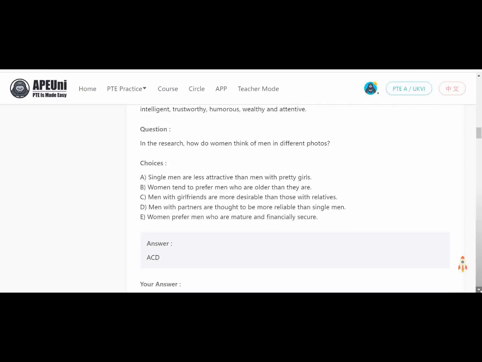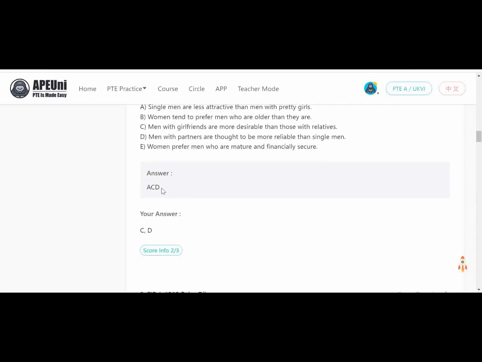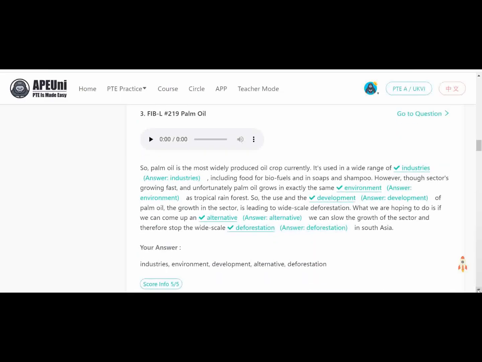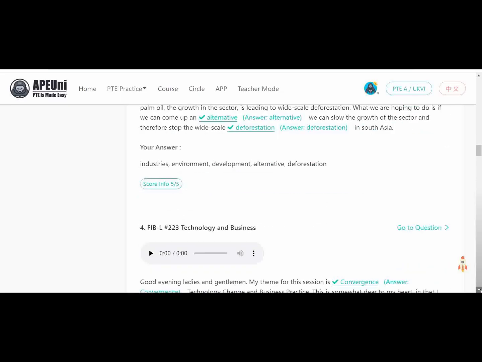This is MCQ multiple answers. The correct options were A, C, D, but I was not sure about the A option, so I chose only two options. And this is listening fill in the blanks. Check your spellings: industries, environment, development, alternative, and deforestation. This is the first question.